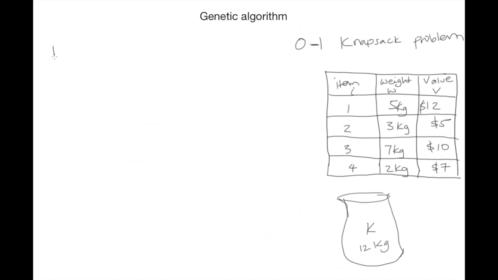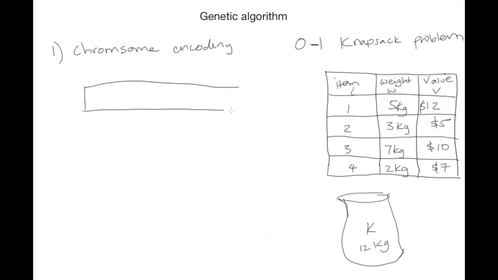Given a problem, the first step is to represent a solution to the problem through a process called chromosome encoding. So the original definition of GA defines that an instance of a solution is to be encoded using binary strings, and these binary strings are called genes, and the collection of genes make up a chromosome.